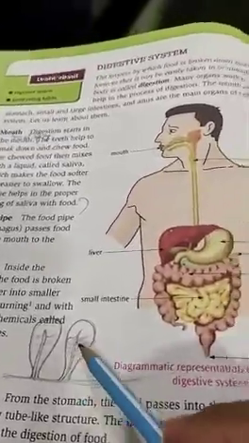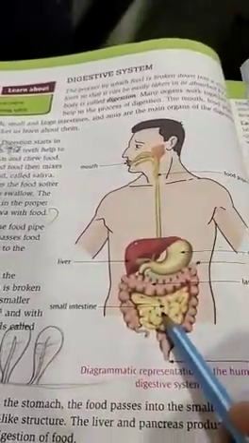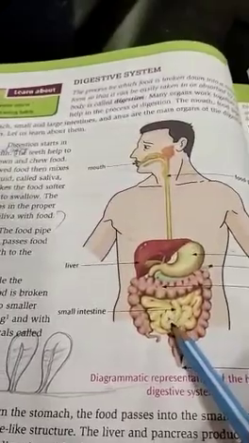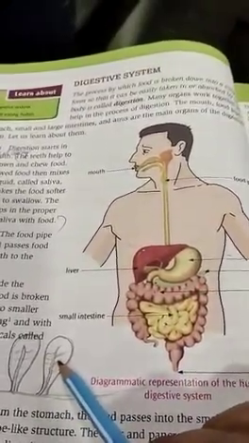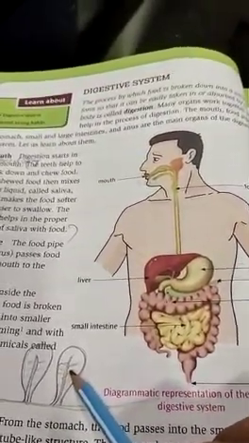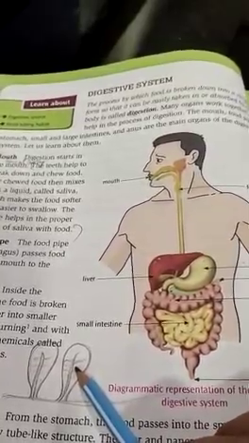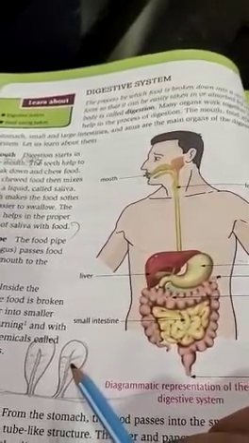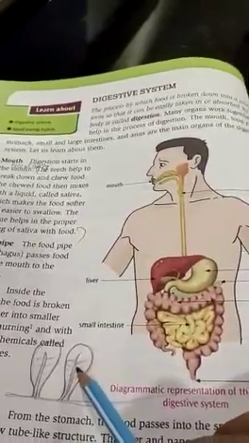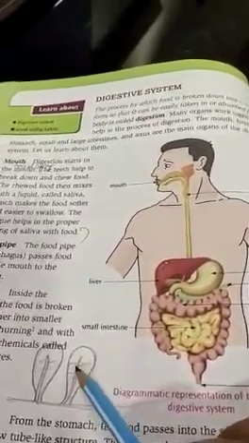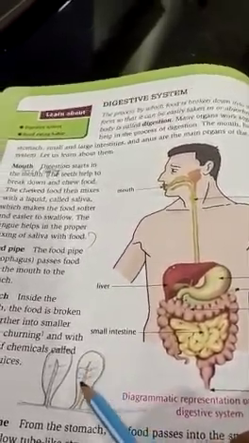The digested food is then passed into the blood vessels. The digested food, meaning proteins, fats, carbohydrates, is then passed into the blood vessels of the villi.